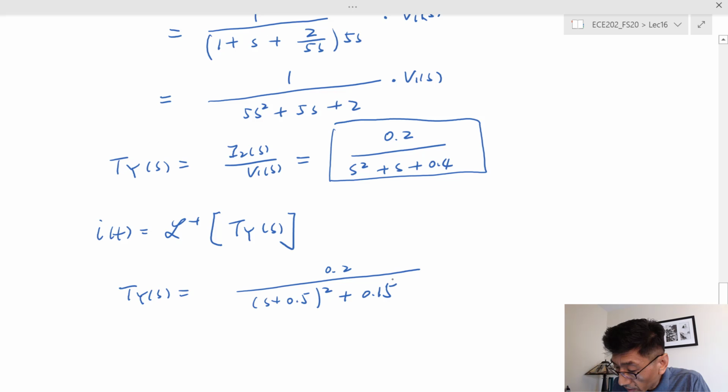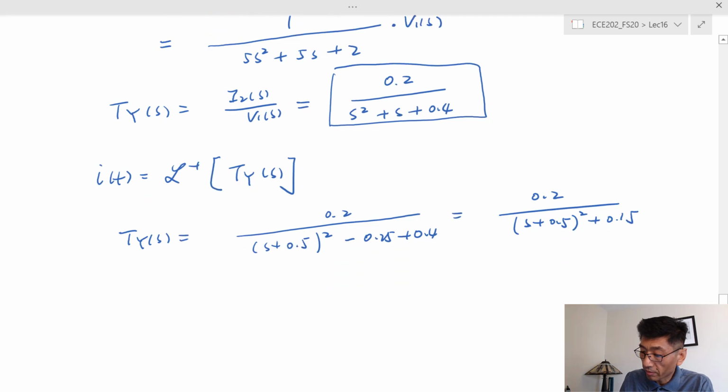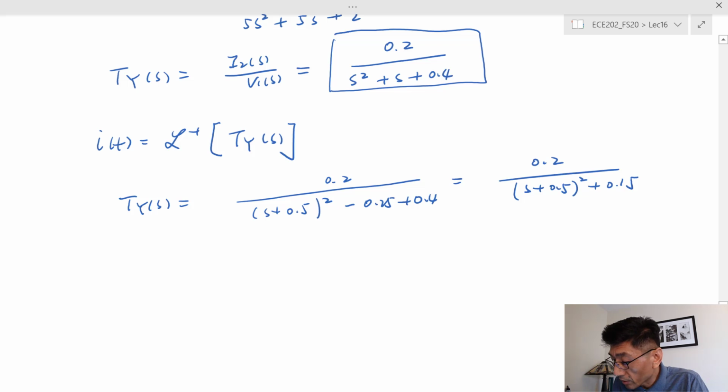So what I did here is, minus 0.25 plus 0.4, that's equal to 0.2 over S plus 0.5 squared plus 0.15, right? And so here we recognize this as alpha and this as omega squared.